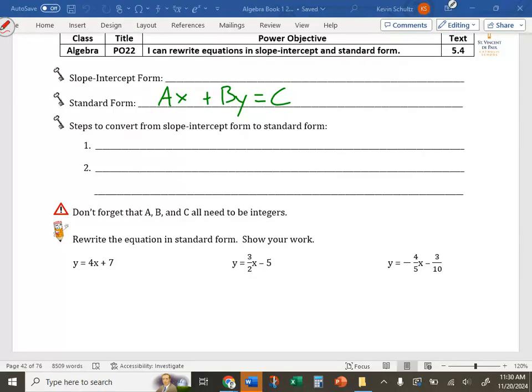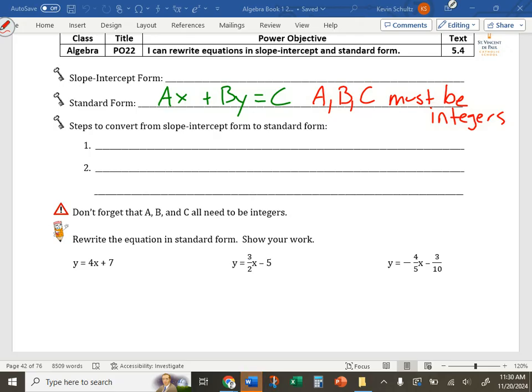Here's the kicker with standard form. A, B, and C must be integers, meaning they cannot be decimals, they cannot be fractions.